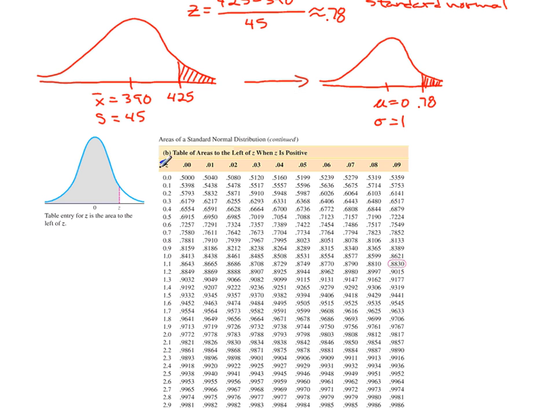So here's our z's, and we want 0.7. Here's 0.7. And we want 0.78, which will be right here. The table tells us then that this area to the left of the z-score is 0.7823 in both curves.